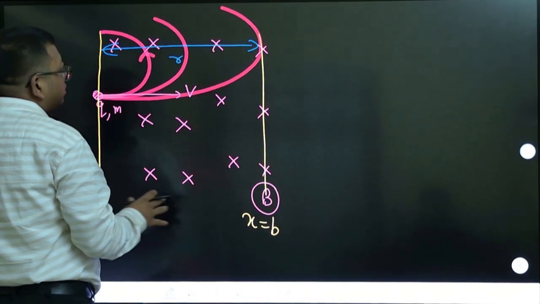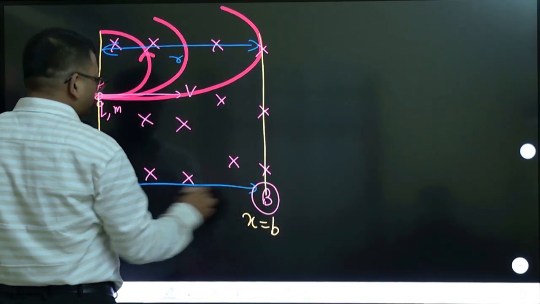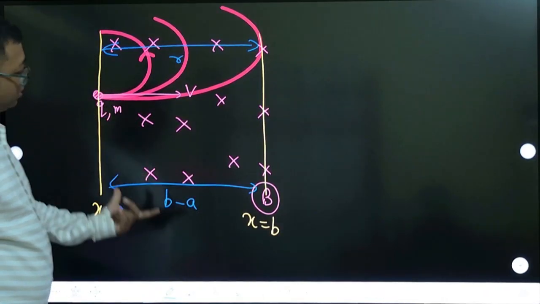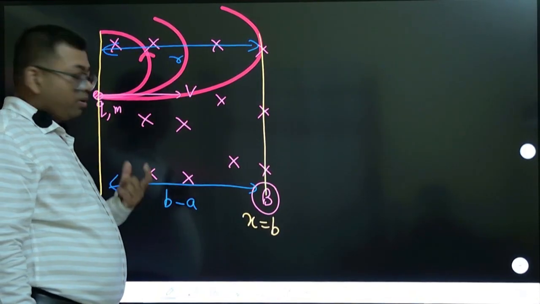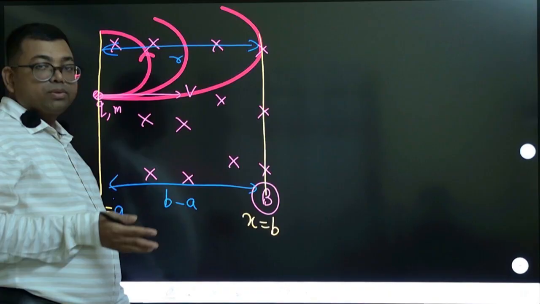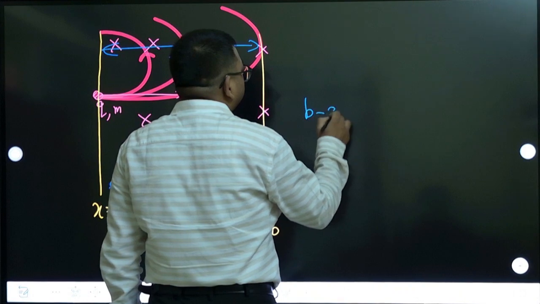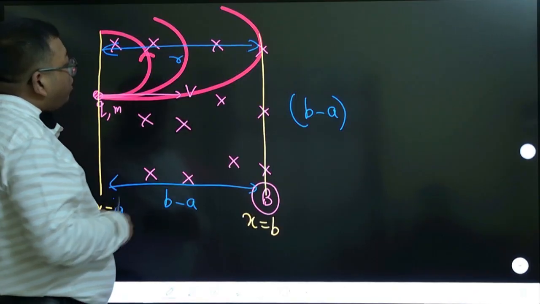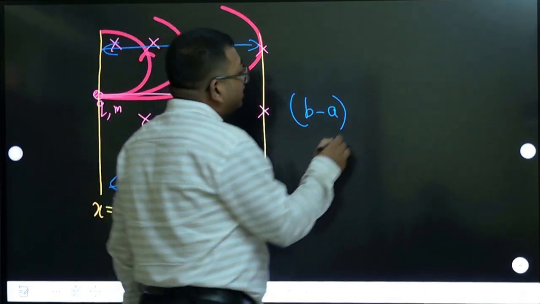This distance is b minus a. If b minus a is equal to the radius, or greater than the radius, then it can never go. So it must be less than the radius.